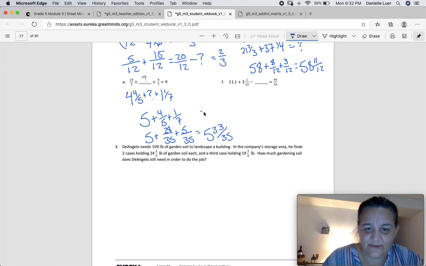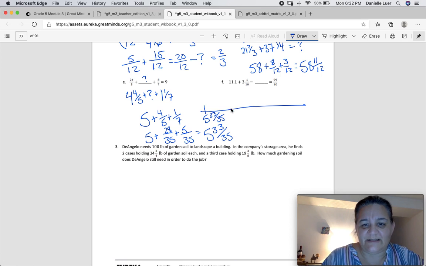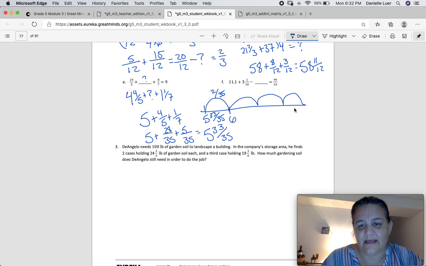So here is my number line. After I've added all those together, I'm going to start at 5 and 33/35. And I want to get to 9. So to get to 6, I need 2/35, okay, because I'm already so close. And then 7, 8, 9.